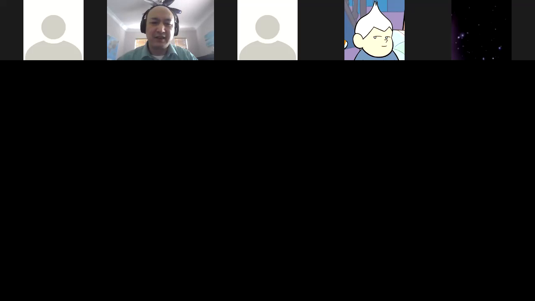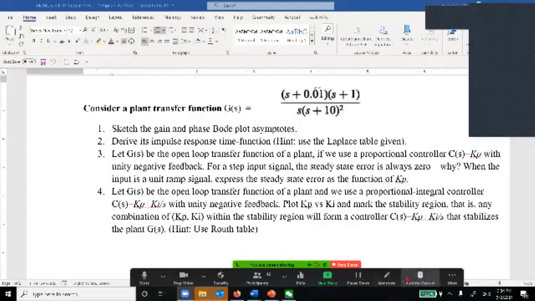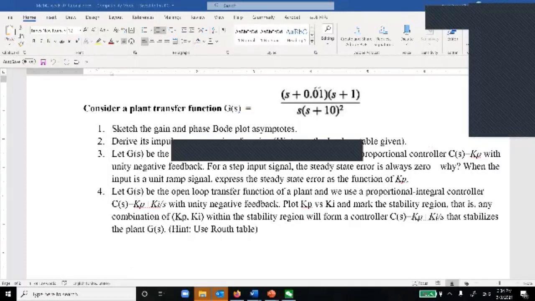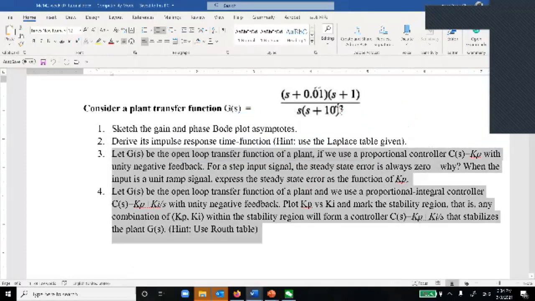First of all, let's take a look at a question in front of you. Can you read? Oh, I haven't shared my screen, did I? No, I didn't. Okay, here we go. Hide floatings. Do you see my screen? You have a transfer function here, right?